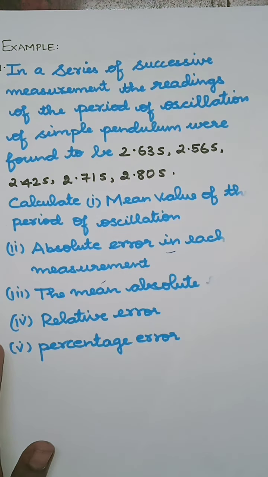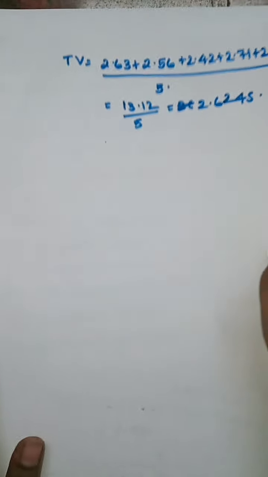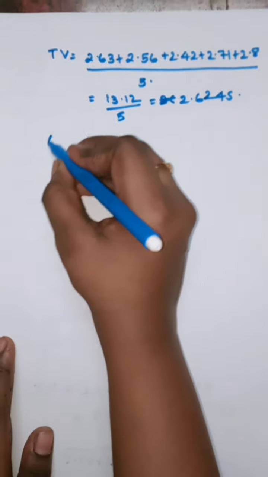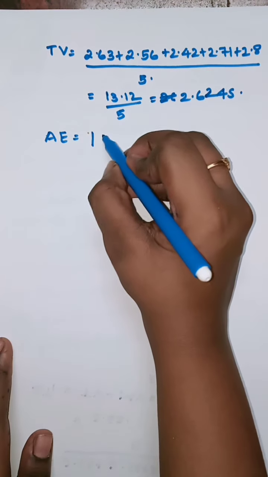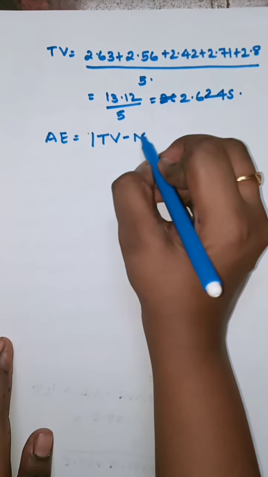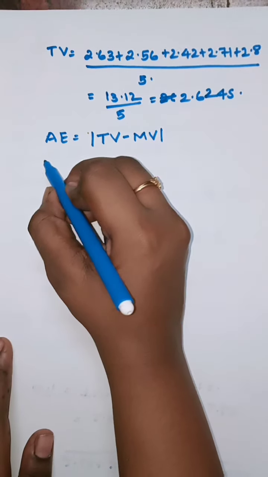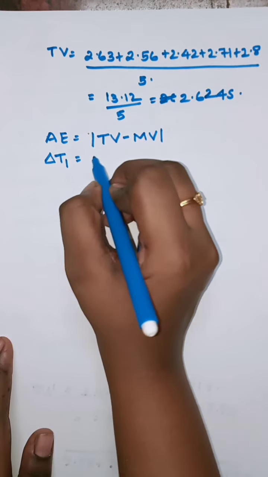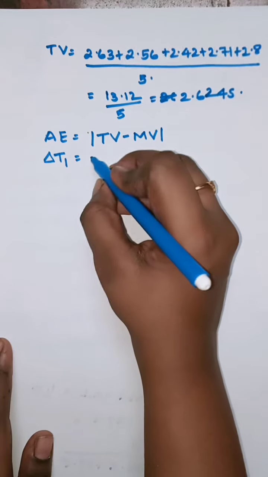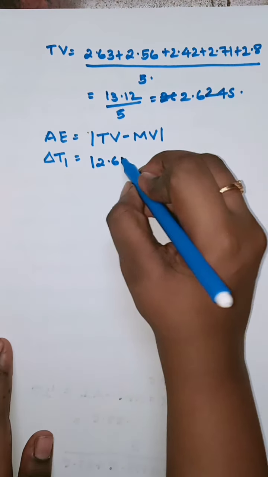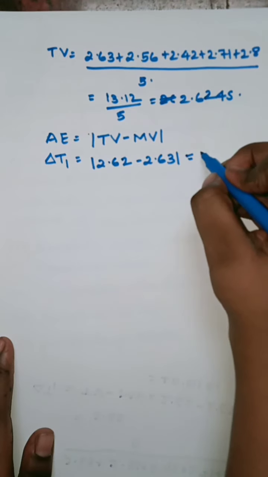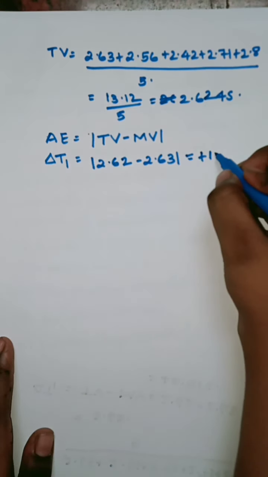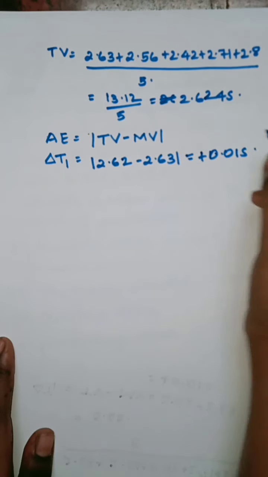Next they are asking us to calculate the absolute error in each measurement. How will you calculate the absolute error? Absolute error is equal to the modulus of true value minus measured value. For the first value, the modulus of 2.62 minus 2.63 comes to plus 0.01 seconds.